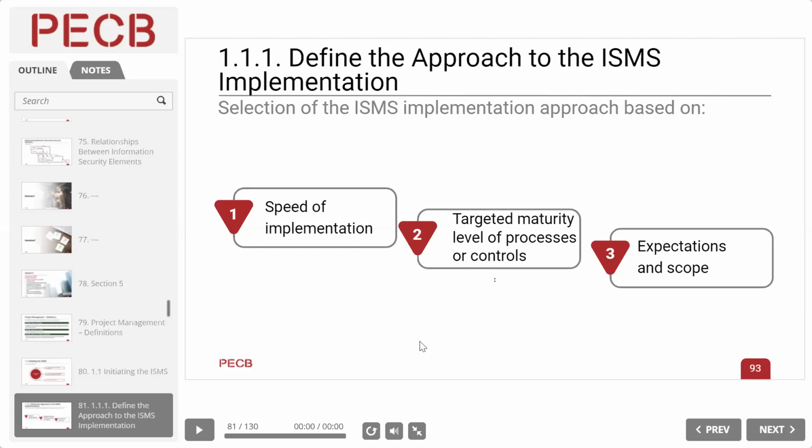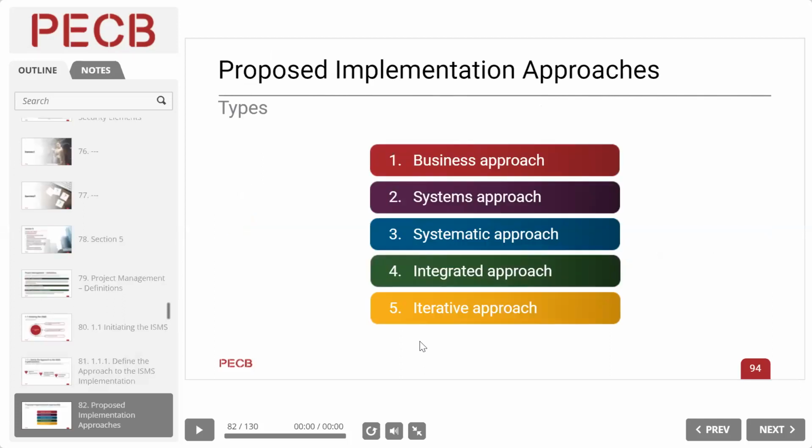And then we might be looking at the scope or the expectations. So what defines the approach might depend on certain factors that the company is experiencing.